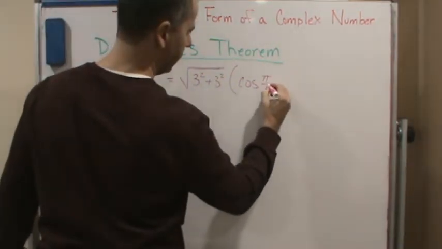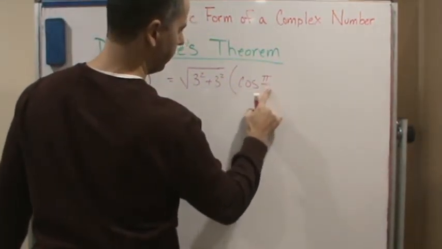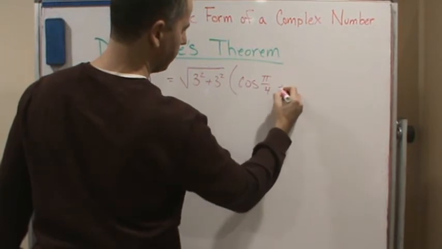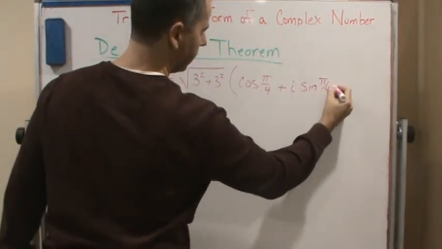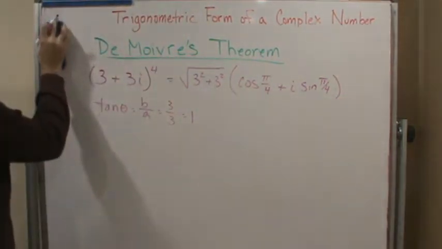That's going to give us cosine pi over 4 plus i sine pi over 4.